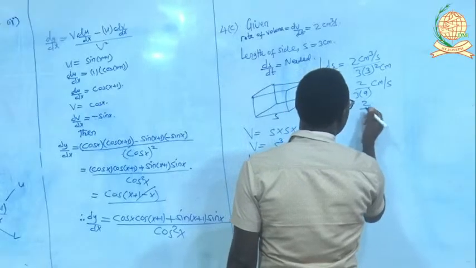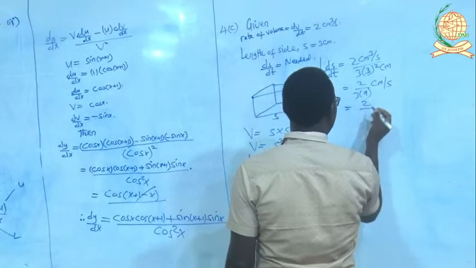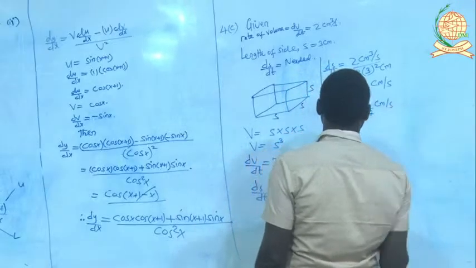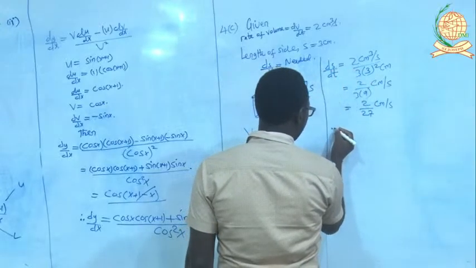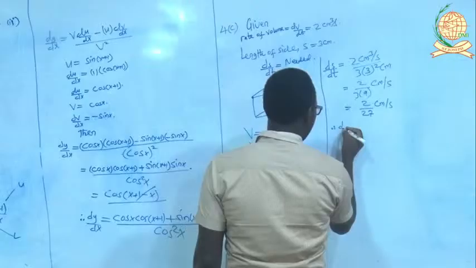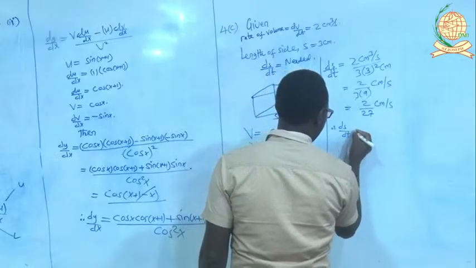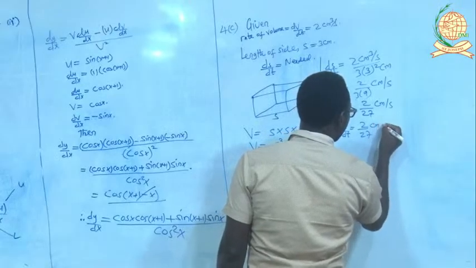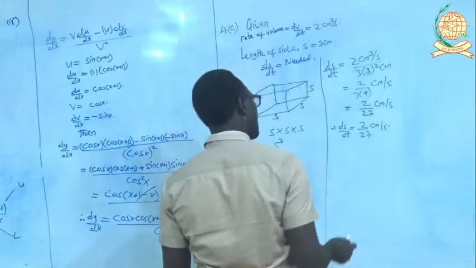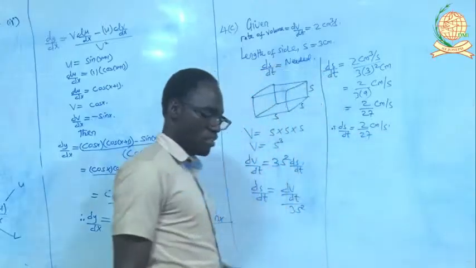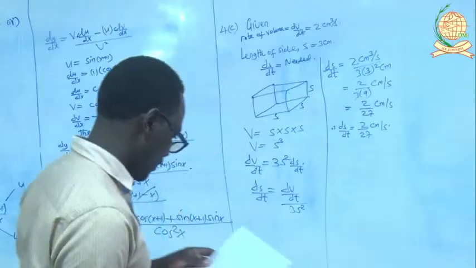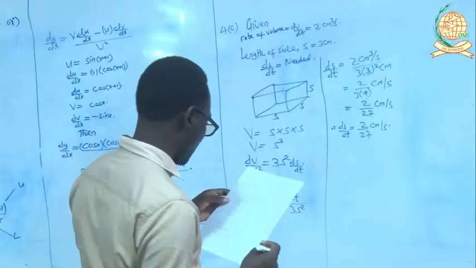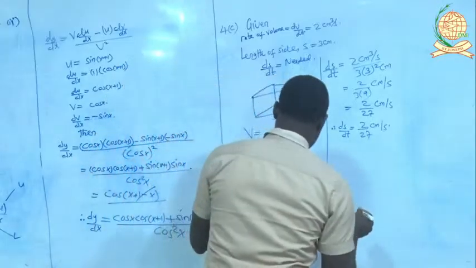It is 2 over 3 times 9, 27. So therefore ds over dt is 2 over 27 centimeters per second. And this is the rate of change of the side. So that is question number 4. Let's go now to question number 5.